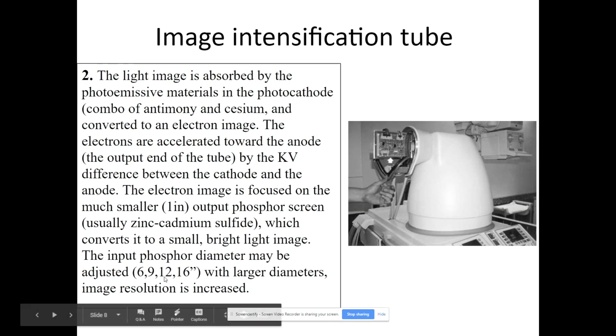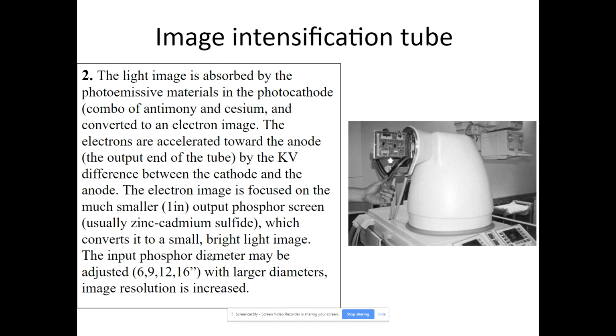So if you allow me to go back, the diameter of the input phosphor, which I said could be adjustable, starts at like 6, can go to 9, 12, or 16 inches. The reason why diameter is an important term is because this thing is round, and we'll get to the problems of round objects being transferred to flat, square screens, which can cause some artifacts at the end of this lecture.